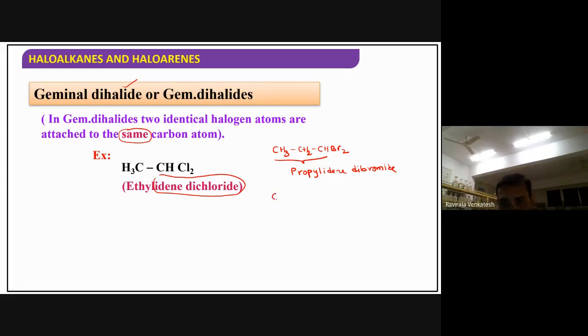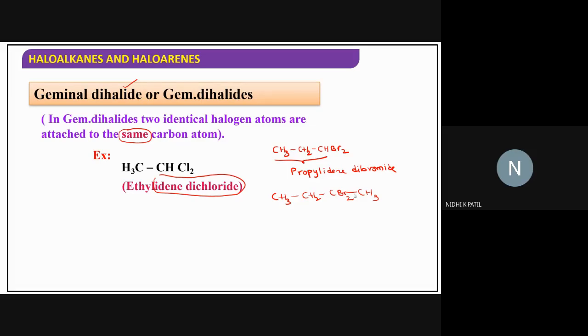For example, you tell me this one, CH3, CH2, CH, isn't it? Now, what is the nomenclature for this one?